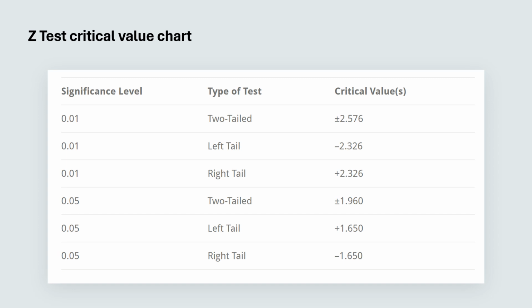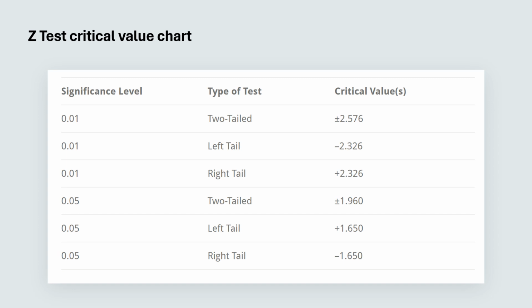If your test is a right tail test, it is going to be around 2.326, and if it is a left tail test, it is going to be negative 2.326. However, if you choose a 5% significance level, the values would decrease, offering more allowance for a little bit of randomness.